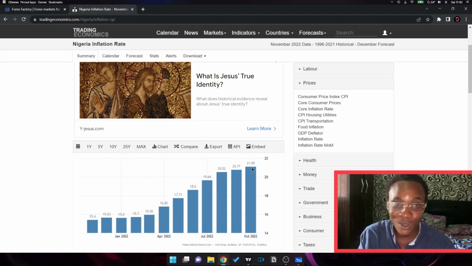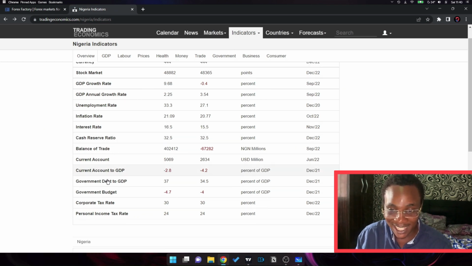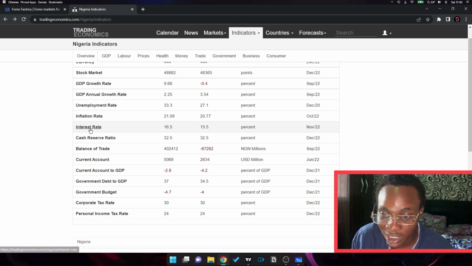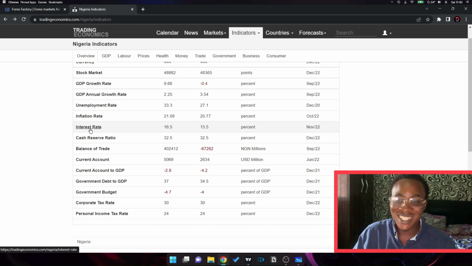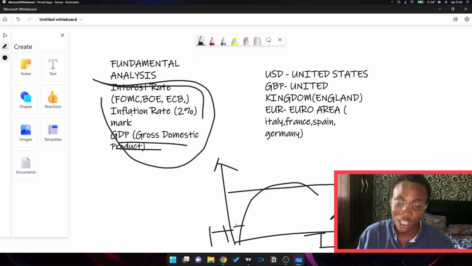So the best way for our government to cut this down is by hiking their rate, because right now, let's say our interest rate is currently 16.5. This shows that our economy is doing very badly. So by these three factors you can judge the economic strength of a country.